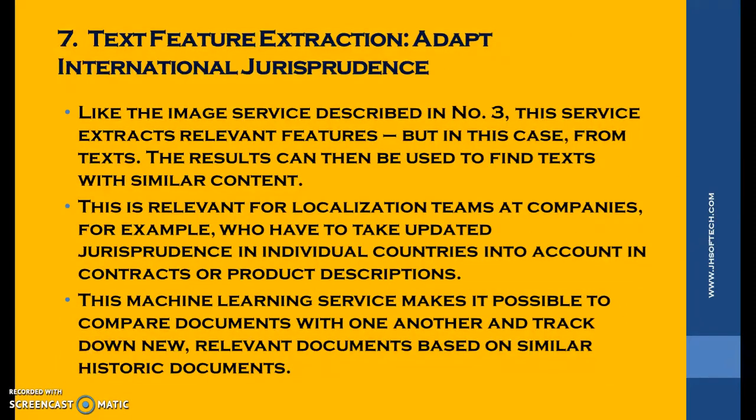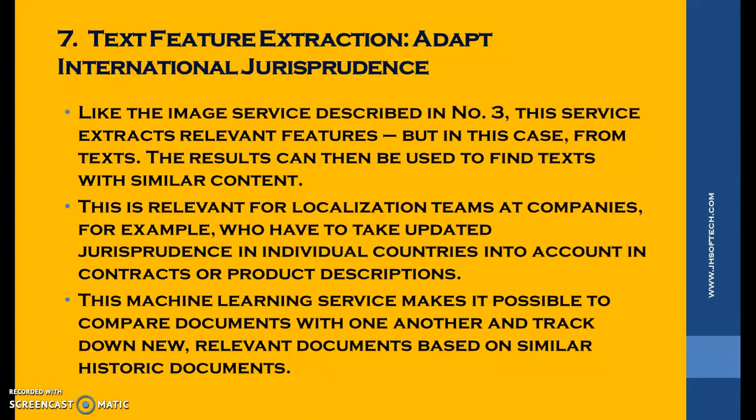Text feature extraction: adapt to international jurisprudence. Now here, like the image service described in number 3, this service extracts relevant features, but in this case from texts. The results can then be used to find texts with similar content.